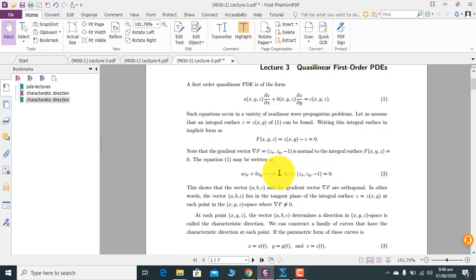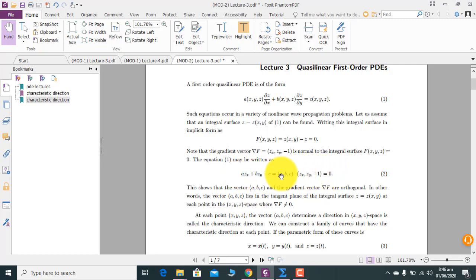One of them is (a, b, c) and the other one is (z_x, z_y, minus 1). Because the dot product is defined as the sum of multiplication of corresponding components of two vectors. So a will be multiplied by z_x, b multiplied by z_y, and c will be multiplied by minus 1. So eventually you will get the left hand side.